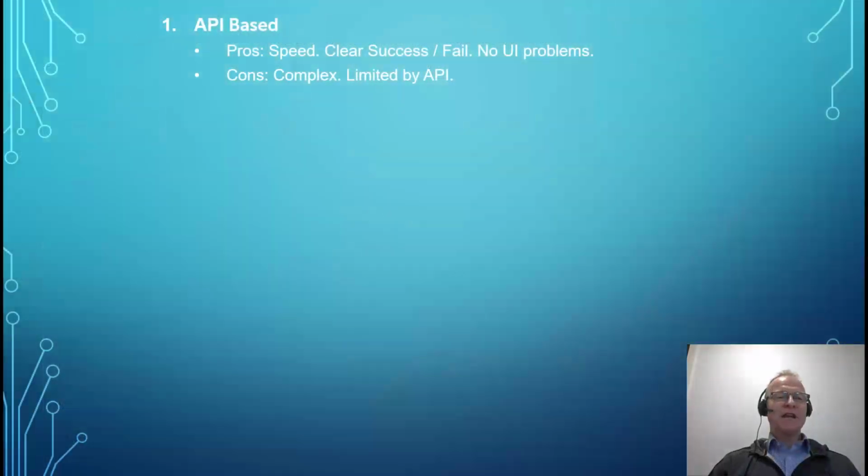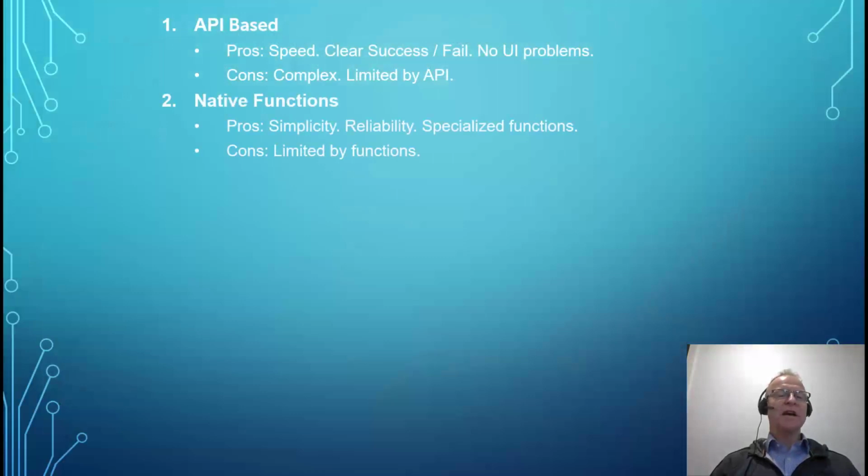Now, in the absence of any APIs, the next thing I would look for is, are there any native functions in the automation platform for the application that I want to automate? An example is Excel. It is the most commonly automated application, and most automation platforms have a specific set of functions to deal with Excel. Automation Anywhere includes other things like email, Office 365, SAP, and many, many more.